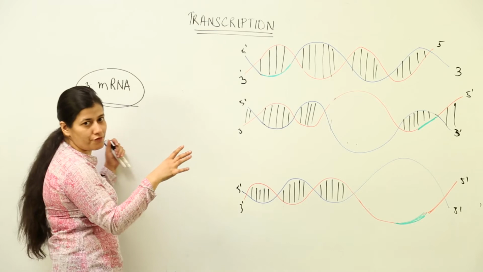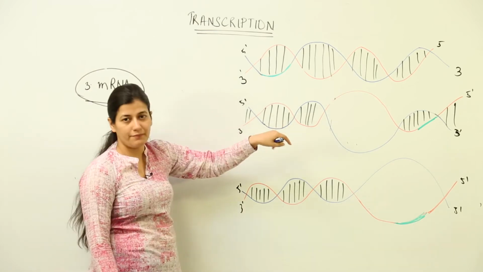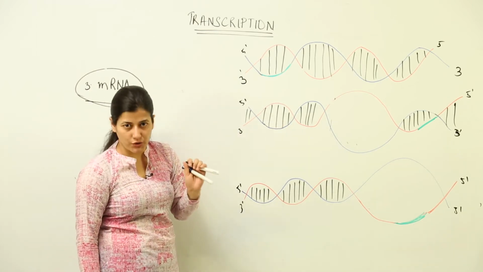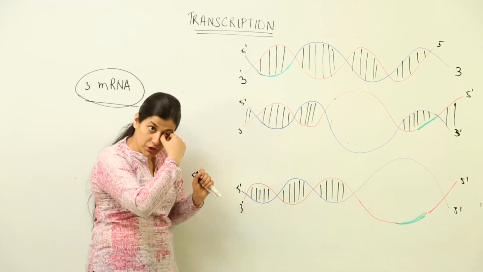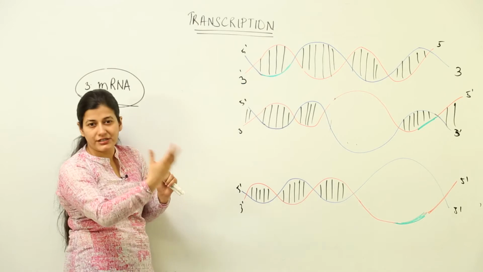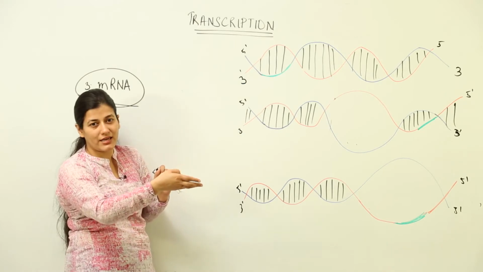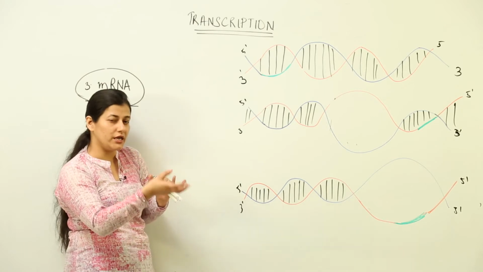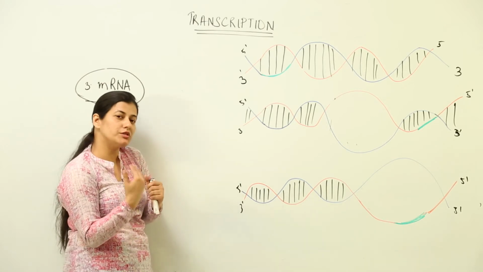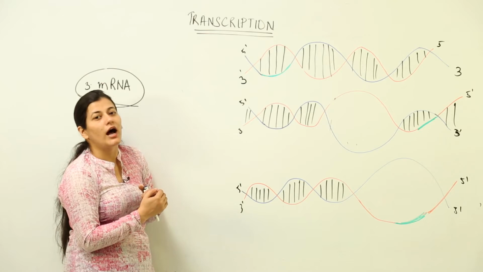This process of formation of RNA is a polymerization reaction only, where instead of deoxynucleotide triphosphates as we had in the case of DNA replication, here we will be having only nucleotide triphosphates which would come and polymerize and form the RNA.